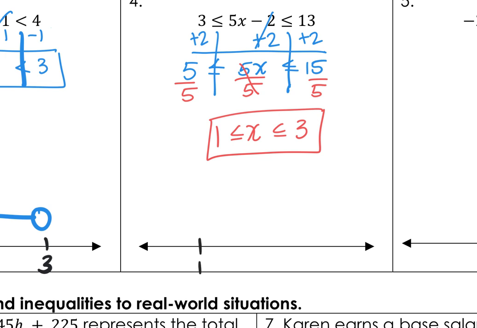So when I go to make my graph, on 1 and on 3, I'm going to have closed circles. And I'm going to shade together because x is in between those numbers.